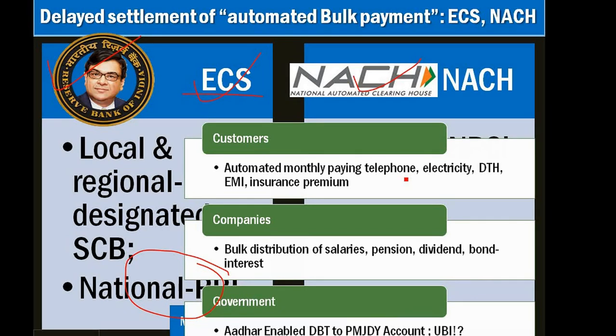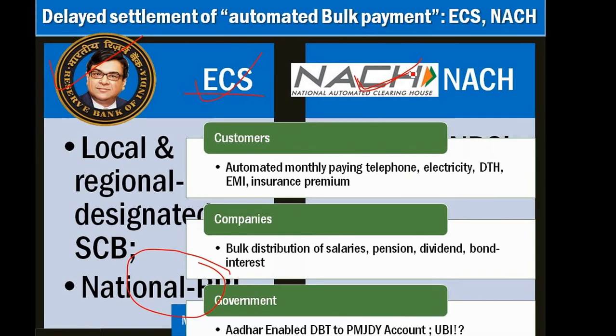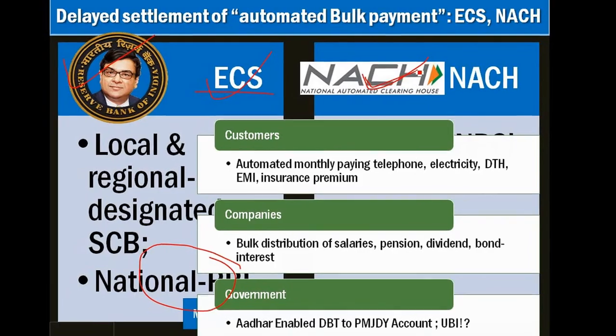And government organizations can use Aadhaar enabled direct benefit transfer to Pradhan Mantri Jan Dhan Yojana accounts, and in future they may use it to transfer salary according to universal basic income.